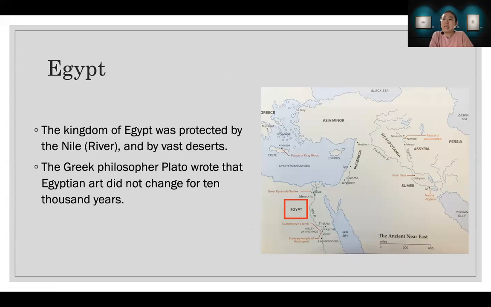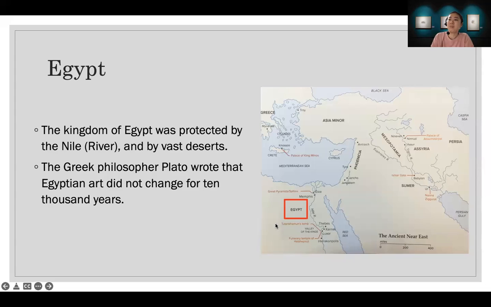The kingdom of Egypt was protected by rocky, unnavigable stretches of the Nile River. It's right here, and to the east and the west by deserts.